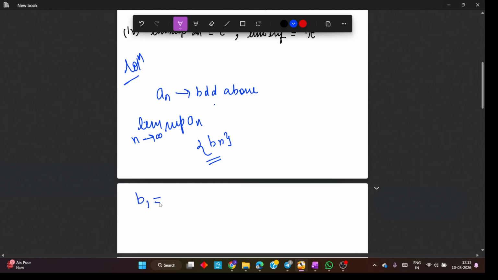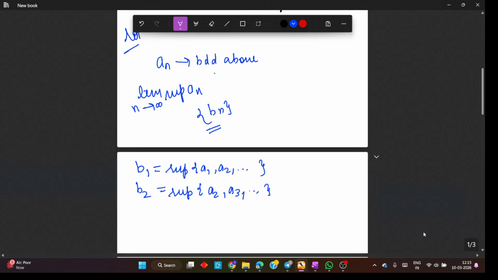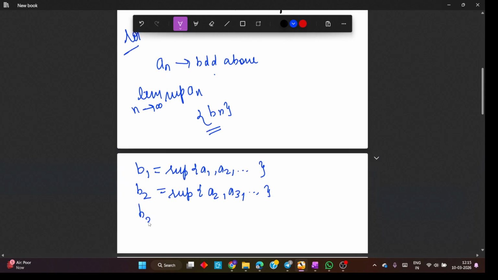B1 is nothing but the supremum of a1, a2, and so on. And B2 is the supremum of a2, a3, and so on. Similarly, B3 would be the supremum of a3, a4, a5, and so on.